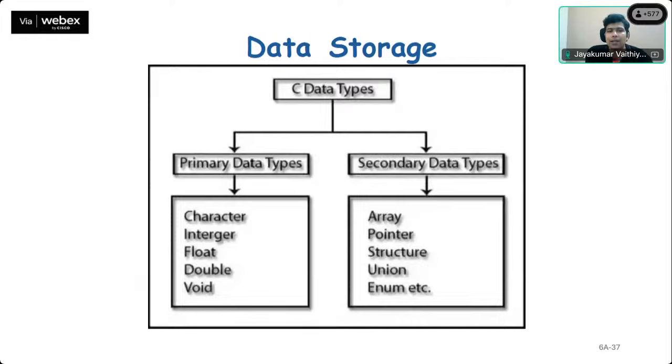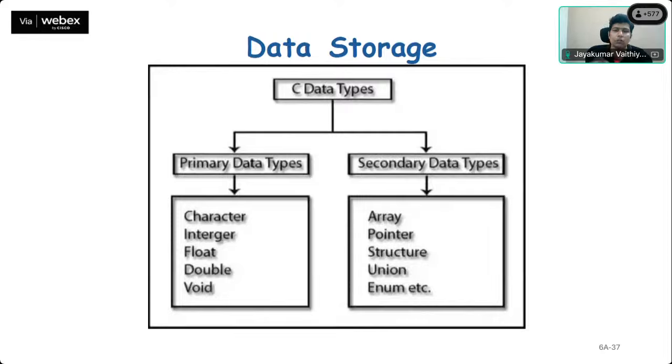You can derive data types out of your primary data. Okay, so if you want to store a string, then you can use a character array. In the same way, if you want to use some hardware location, then you can go for pointer. Then if you want to store different types of data under a common name, you can go for structure.